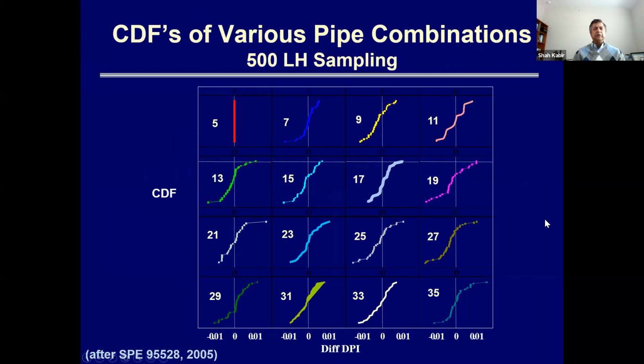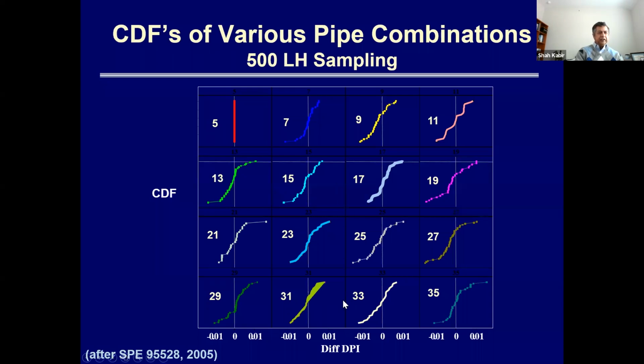So when we are doing all the uncertainty analysis, and that too in terms of the discounted profitability index, our objective here is to find what should be the pipe ID in the two flow lines. These are the uncertainty spreads.